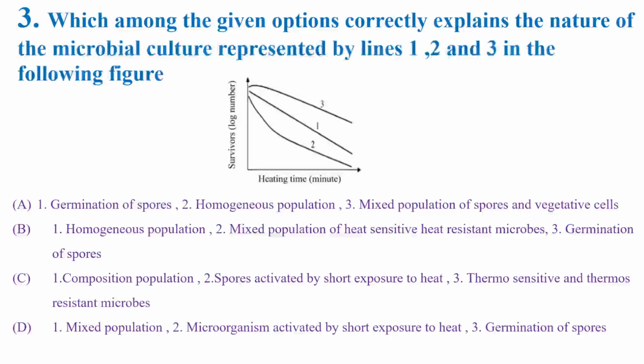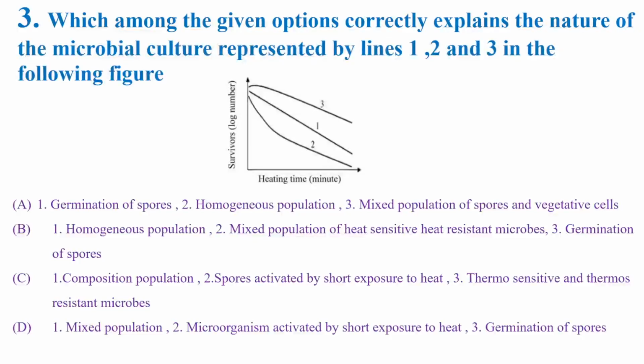And line 3 is basically a flatter, or we can say more survival, line, which represents spores. Spores are highly heat resistant and they show slower inactivation compared to the vegetative cells. Sometimes germination makes them more resistant.